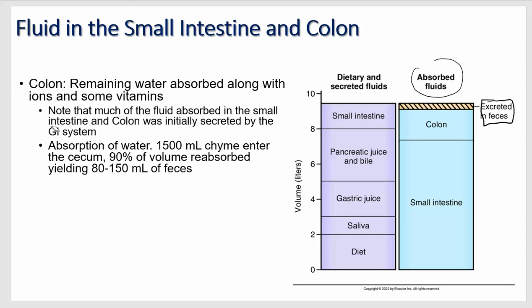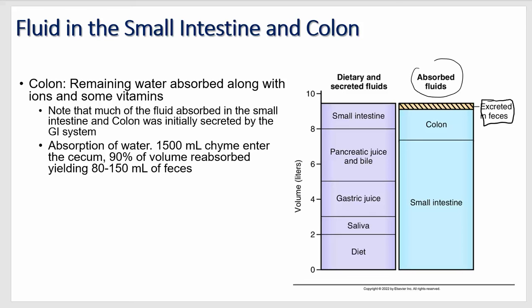But if we look at where that fluid is coming from, we can see that it's coming from the small intestine itself, and pancreatic juice and bile juice. This is all secreted from the small intestine, from the liver producing bile, and the pancreas producing fluid and pushing that into the duodenum.